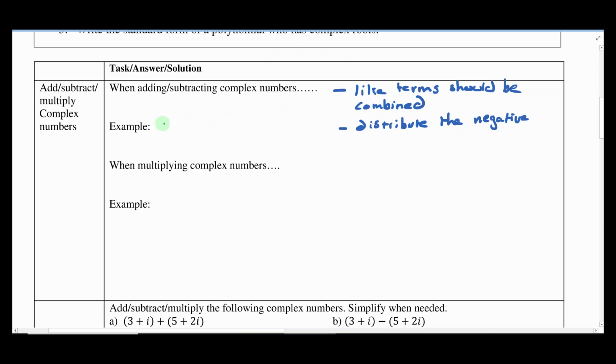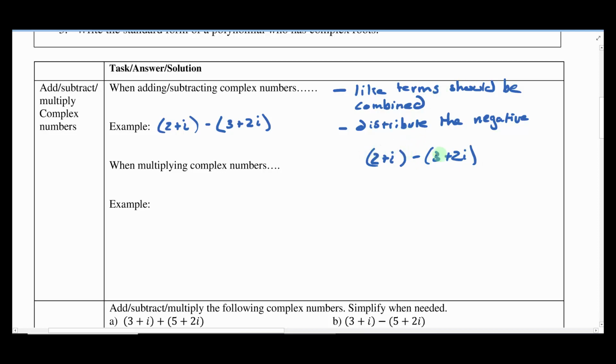But let's say real quick we have two complex numbers. Let's say our first complex number is 2 plus i, and we're going to subtract from it another complex number, let's say 3 plus 2i. So we would say 2 plus i, and then minus (3 plus 2i).